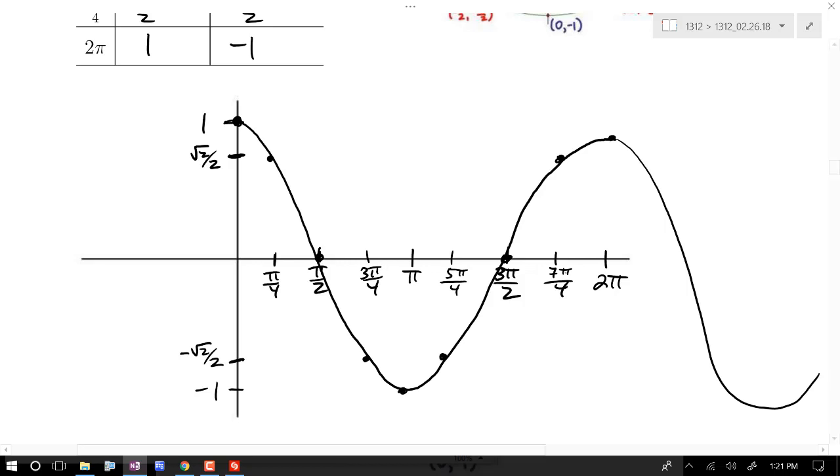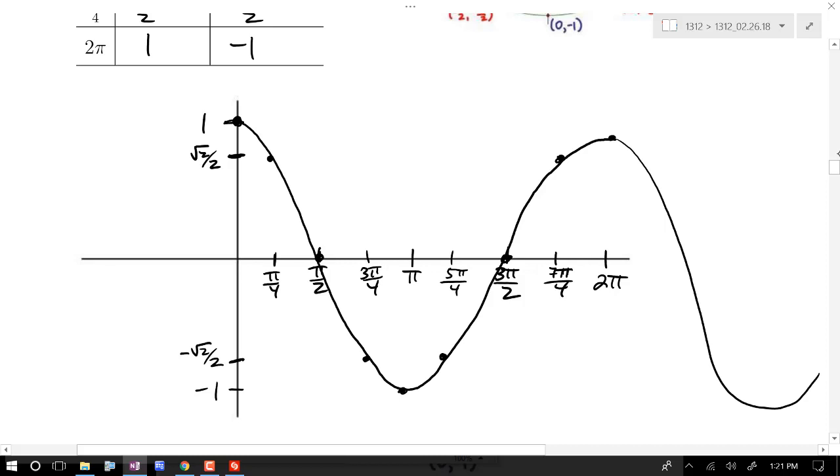We don't go any further than just 0 to 2 pi because, of course, we know that the values just repeat themselves. Cosine is defined for all real numbers, right? We could plug in any angle, but there's no need to graph beyond 0 to 2 pi in this case just because it repeats itself after that point.